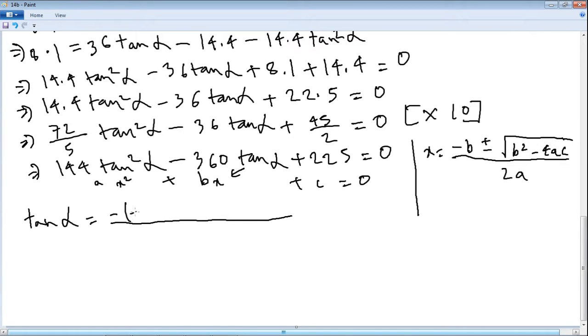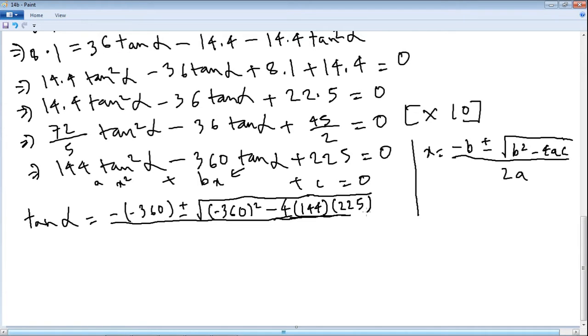So minus b, which is minus 360, plus minus root over b square, where b square is minus 360 whole square, minus 4a, which is 144, c, which is 225, divided by twice a, which is 144.